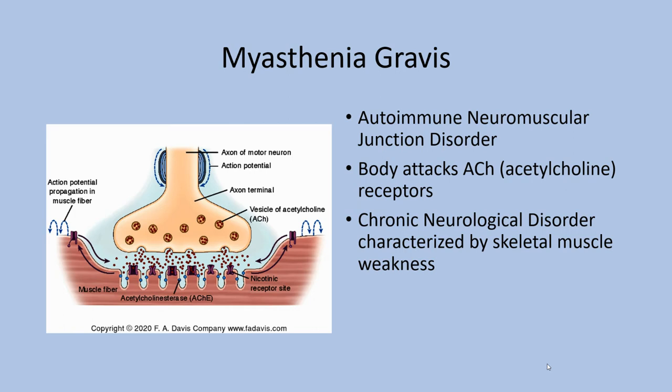So with myasthenia gravis, the disease will vary in severity from mild to severe, and each person will be totally different. We'll go into this a little further. It also affects each person differently in specific areas of the body.